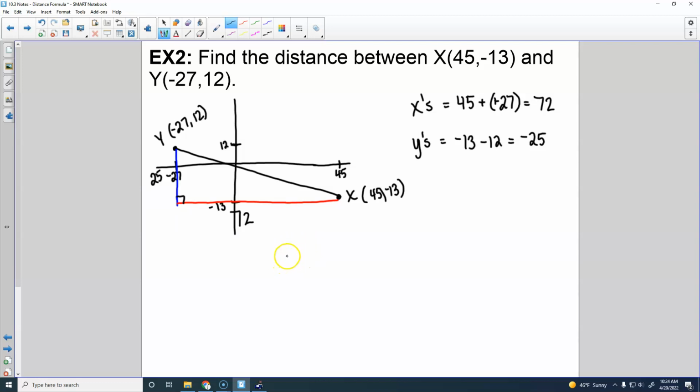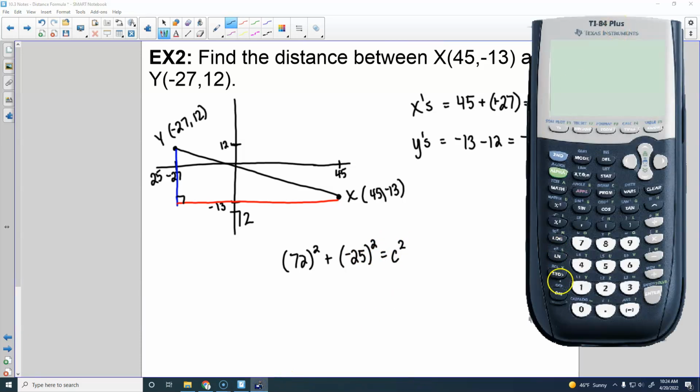Because when I do Pythagorean theorem, I'm going to do 72 squared plus, if I do a negative 25 squared, which the negative is not necessary, I usually just leave it off because you might type something in the calculator wrong. If I do 72 squared plus negative 25 squared, I'm going to get 5,809.